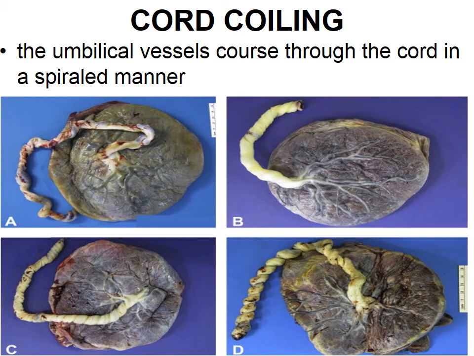Umbilical cord coiling is evaluated postnatally by calculating the umbilical coiling index, which is defined as the number of cord spirals completed per centimeter of cord length. An abnormal umbilical coiling index is defined as either a hypocoiled cord or a hypercoiled cord.